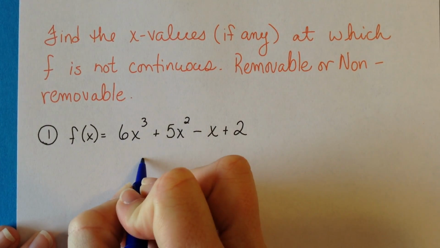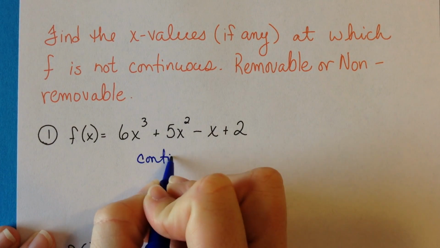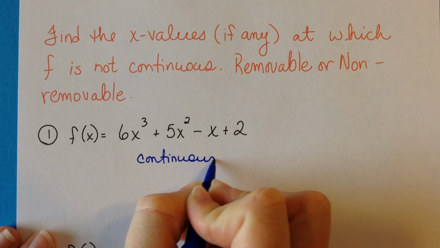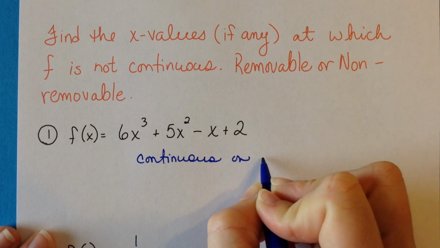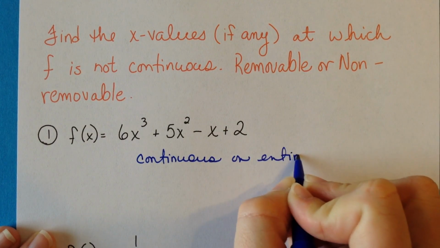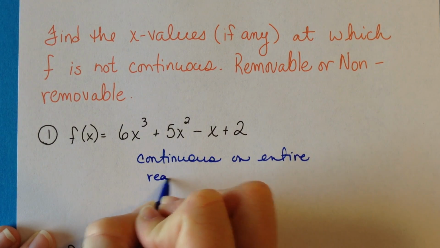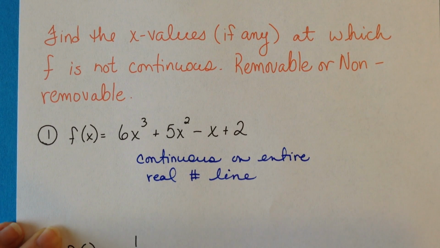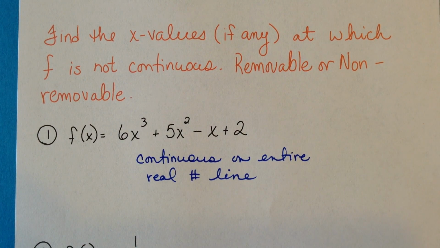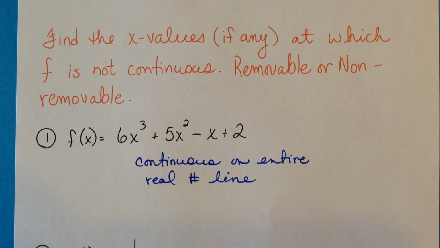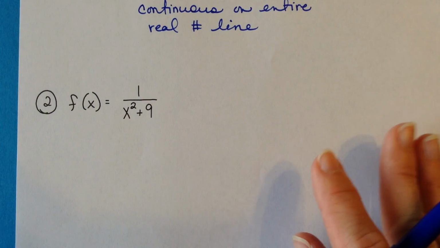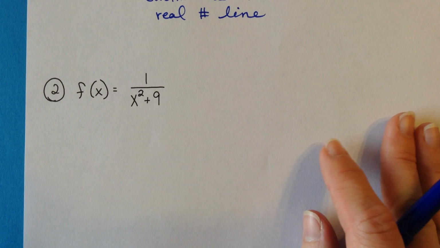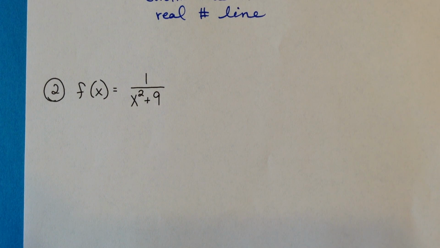So you would just state, like we've been stating, that this is continuous on the entire real number line. You just need to memorize and know that if it's a polynomial, that will be your answer.